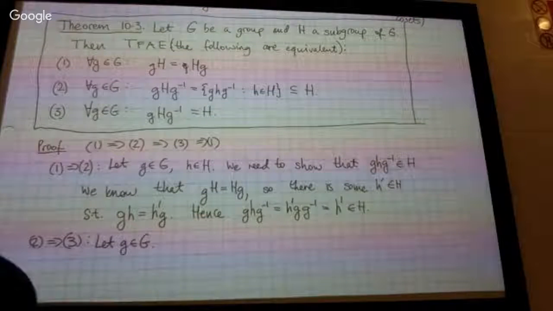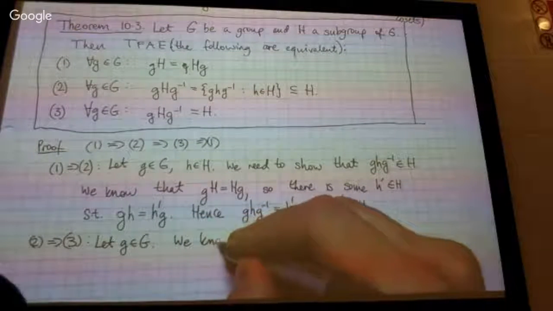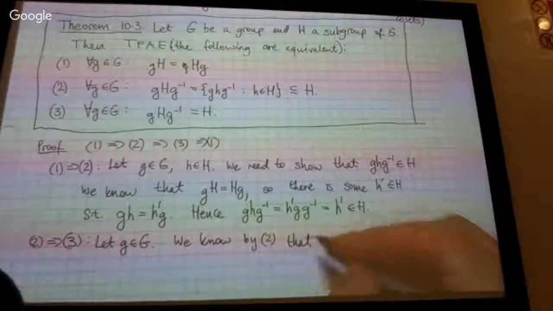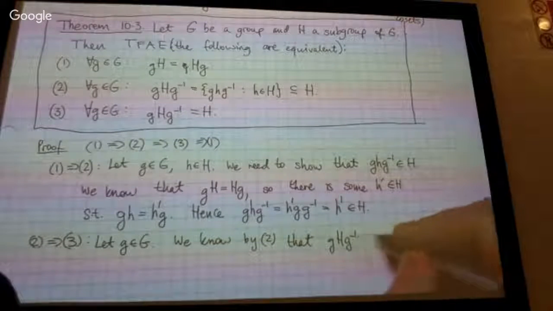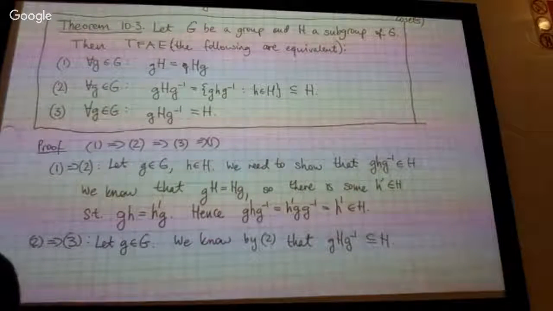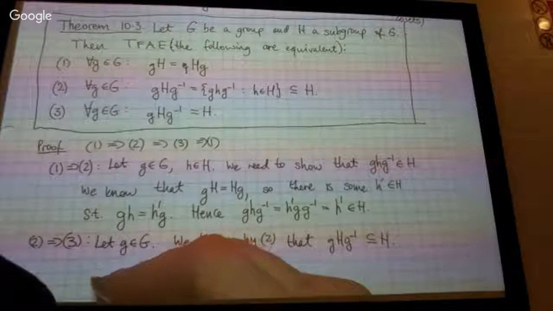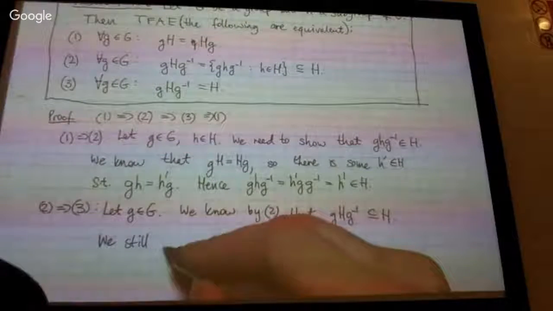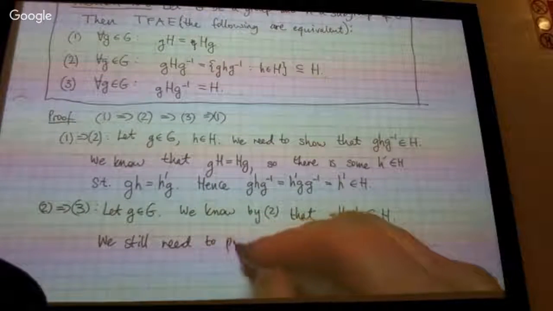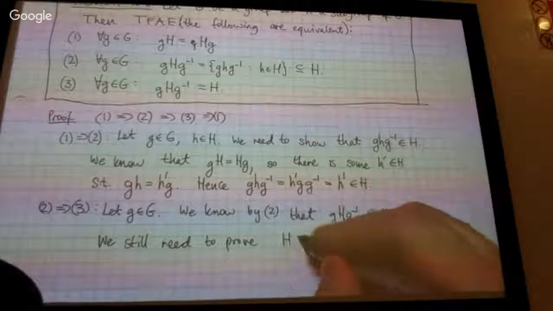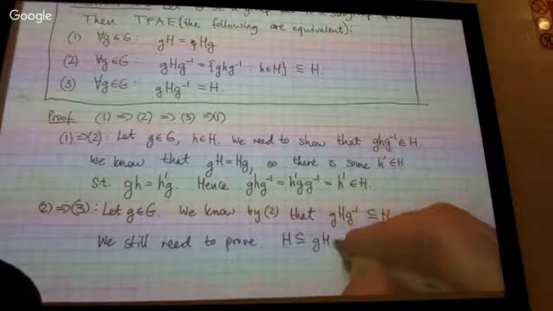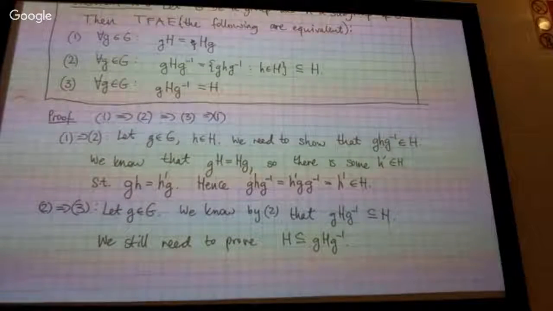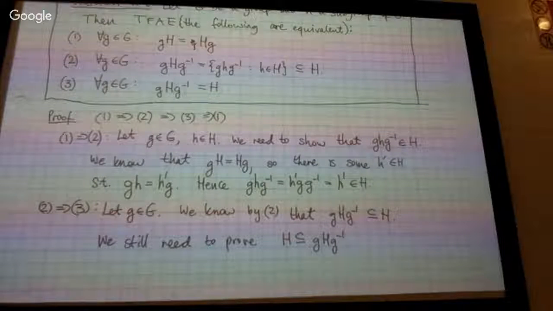And we know by 2 that this is contained in the subgroup H. So what remains to prove is that H is a subset of GHG inverse, and then they're both subsets of each other, and they have to be equal.